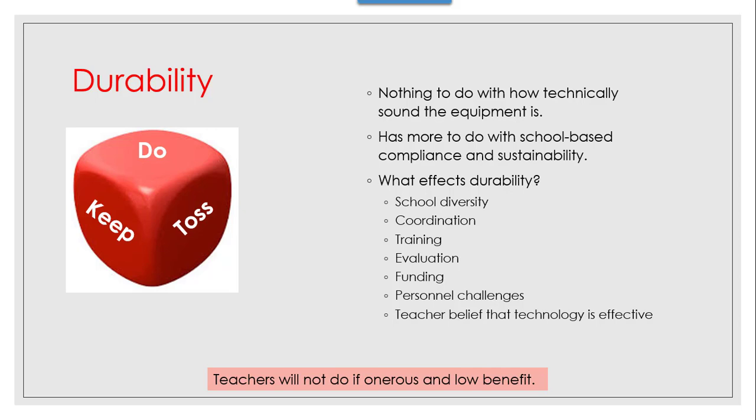So the durability is not, does this change last in the kid over time? Although that is also important, but that's more to do with effectiveness. Durability is, once we put this change in the school, or have the teacher change in their classroom, or the child change something in their learning, or whatever it is, are they going to keep doing it? And how do you set up a system for them to keep doing it? Is it sustainable? And here's a whole list of reasons why things may not be sustainable.